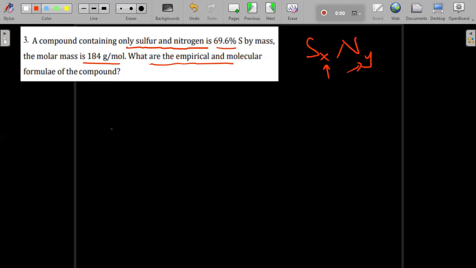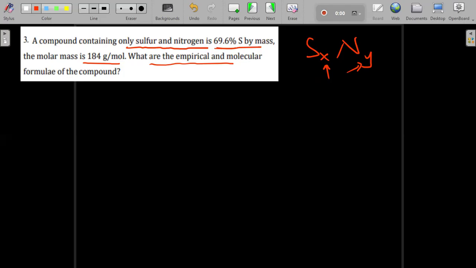Here they're saying a compound contains only sulfur and nitrogen, and this is by mass. So the percentage mass of nitrogen is that 69 point something, right? Oh, okay, I see.